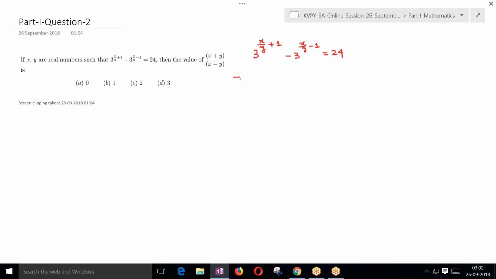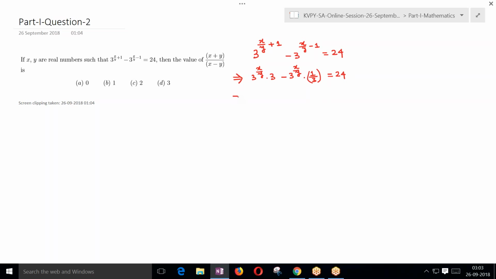So we need to rearrange and make this in terms of x by y. So this implies 3 power x by y into 3 minus 3 power x by y into 1 by 3, because 3 power minus 1, is equal to 24.